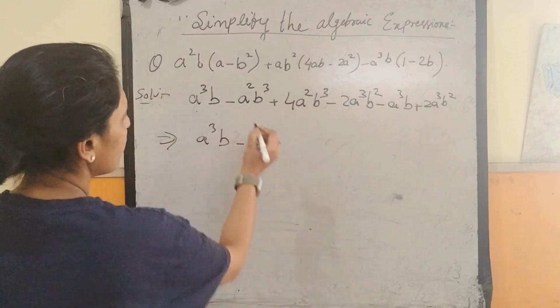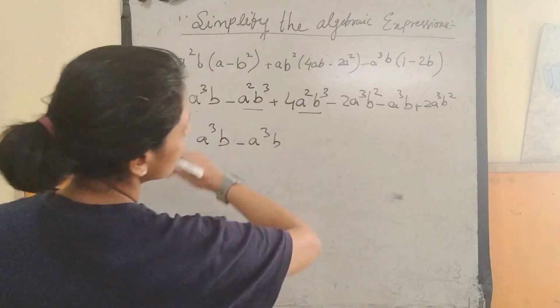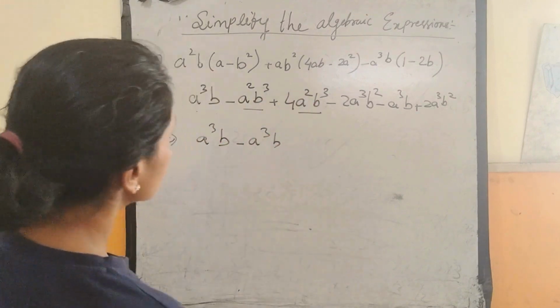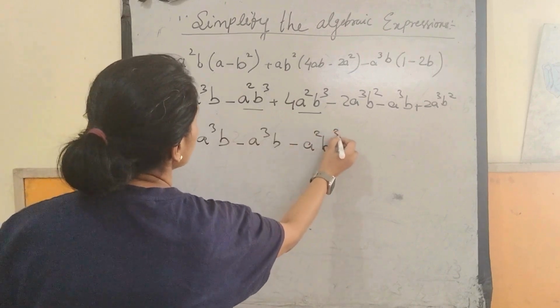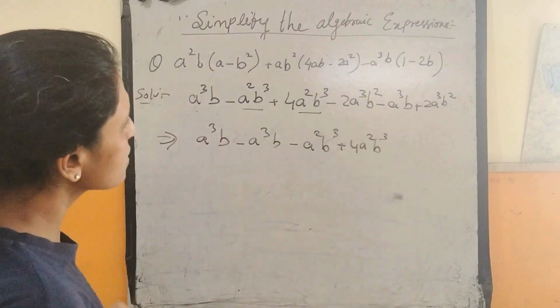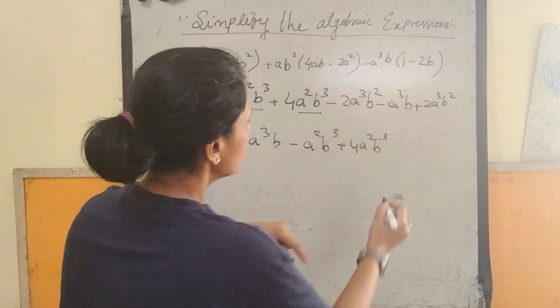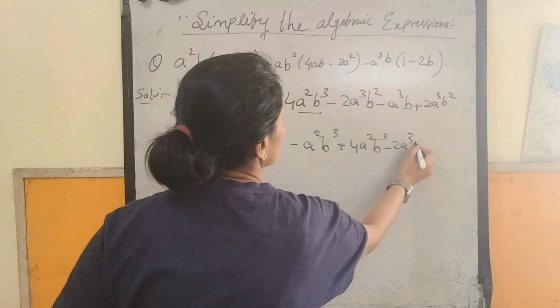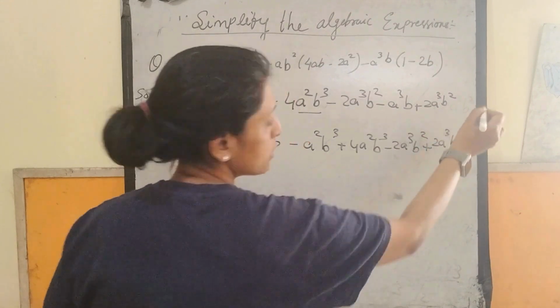So these are like terms. Why? Because they are having a square b cube, and this term is also having a square b cube. So we will write it together: minus a square b cube plus 4a square b cube. The next like terms are minus 2a cube b square and plus 2a cube b square.